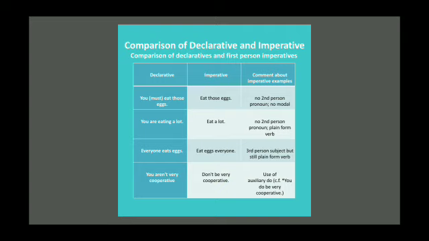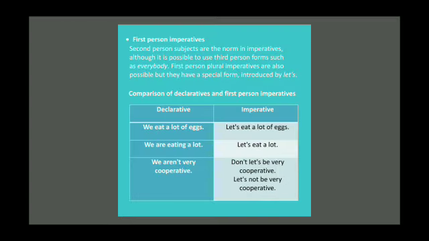And then first person imperative. Second person subjects are the norm in imperative, although it is possible to use third person forms such as everybody. First person plural imperatives are also possible, but they have a special form introduced by let's.